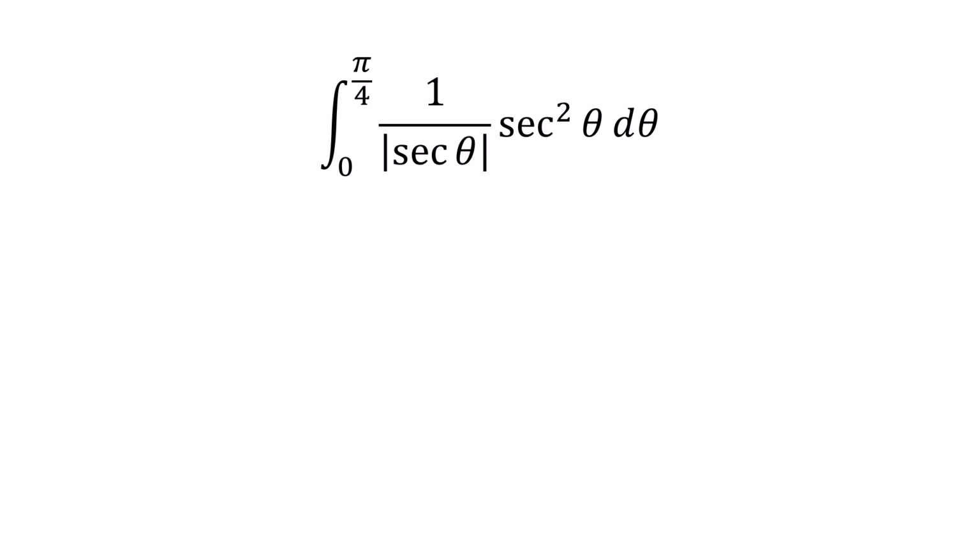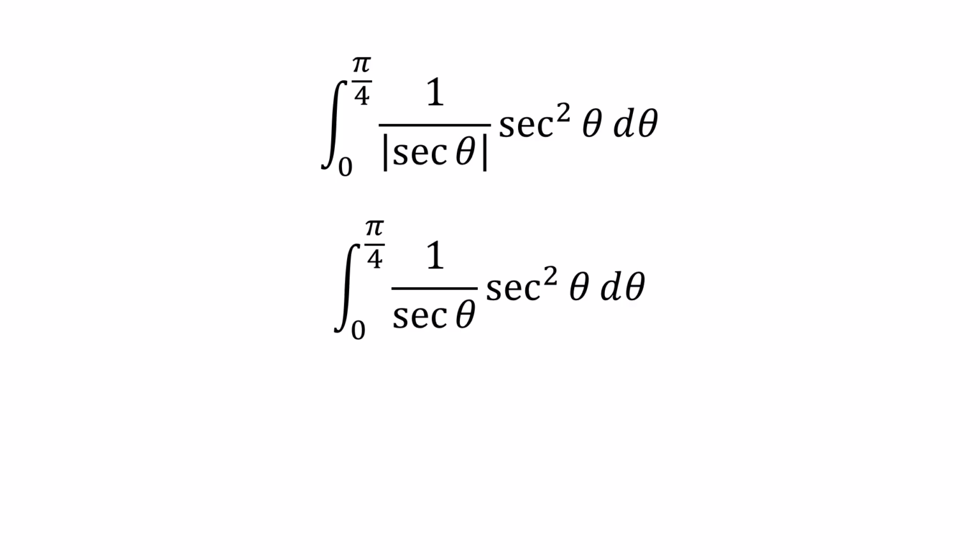This gives the integral from 0 to pi over 4 of 1 over secant of theta, times secant squared of theta d theta. Simplifying then gives the integral from 0 to pi over 4 of secant of theta d theta.